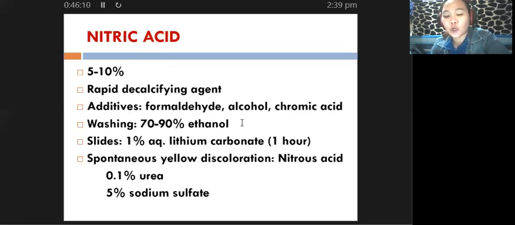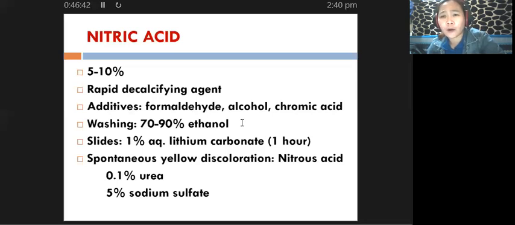Sabi niyan dyan sa inyong module, washing of tissue samples decalcified using your nitric acid: the acid is removed by using 3 changes of 70 to 90% ethanol. I repeat, for washing of your tissue, you have to remove the acid by 3 changes of 70 to 90% ethanol.